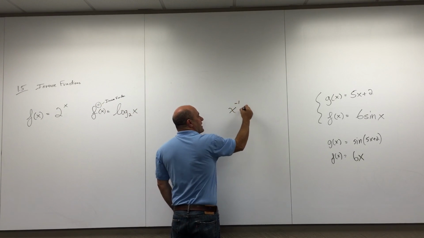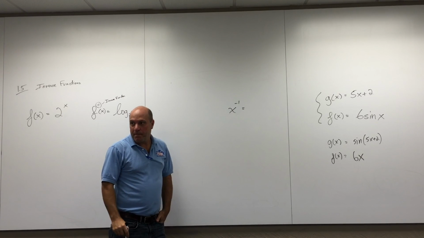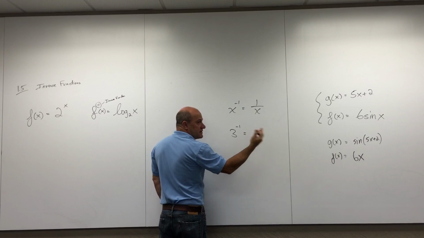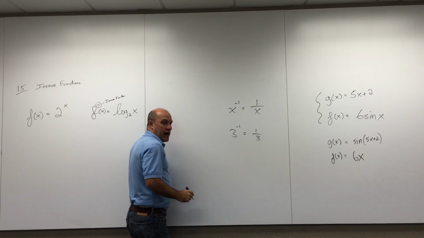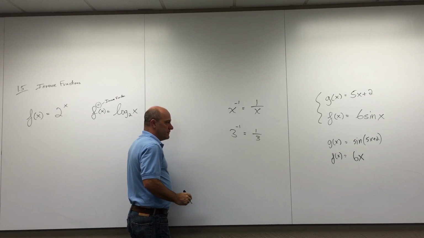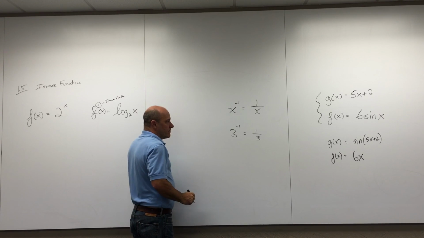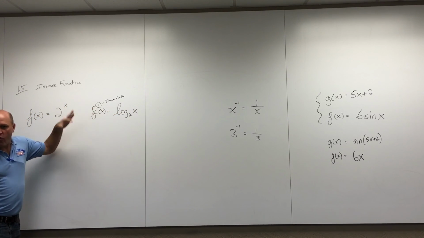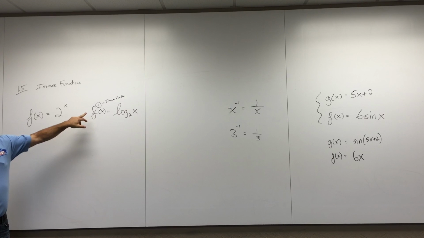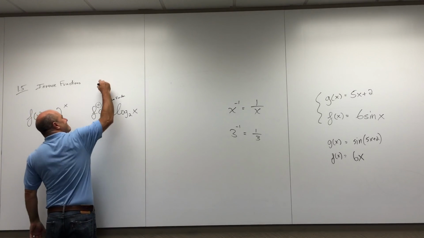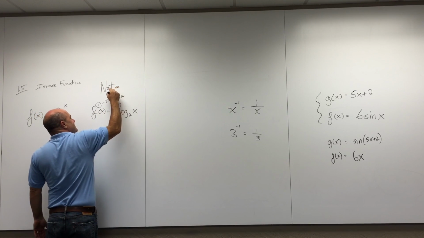If you have x to the -1, you know what that means? 1 over x. If you have 3 to the -1, that's 1/3. But this is not 1 over f of x. It's a notation that means it's the inverse function of this. It's not an exponent.